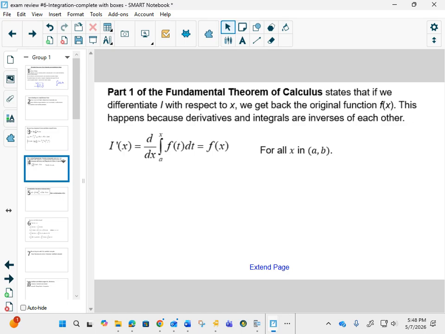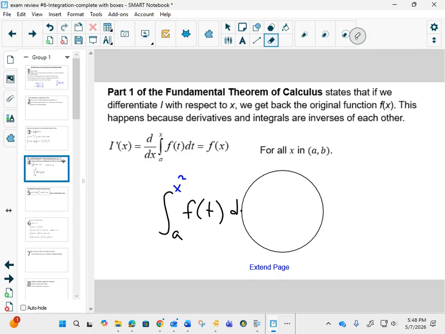Fundamental theorem of calculus part 1. If you ever see an integral with an x in the limit, chances are you're going to use the fundamental theorem of calculus part 1, which means you're going to do the derivative. For example, I'll do x squared instead of x, and you take the derivative of this.